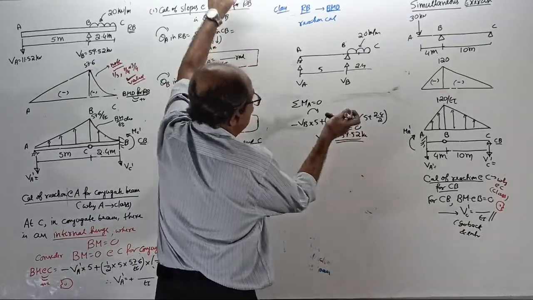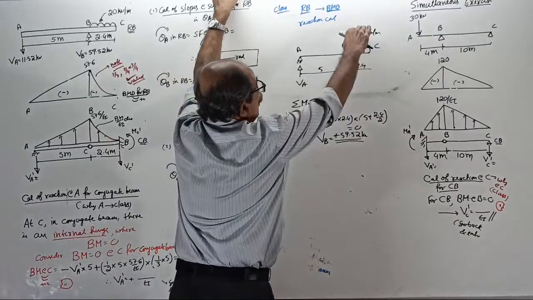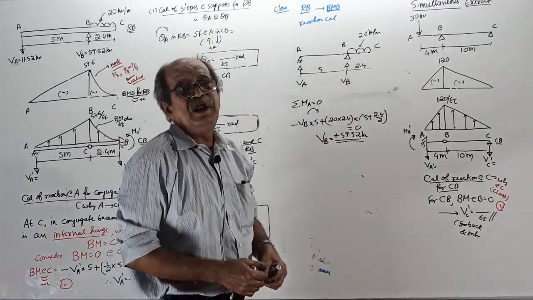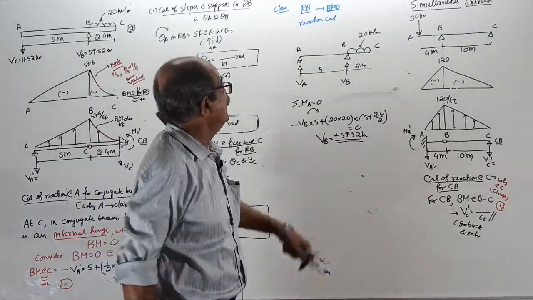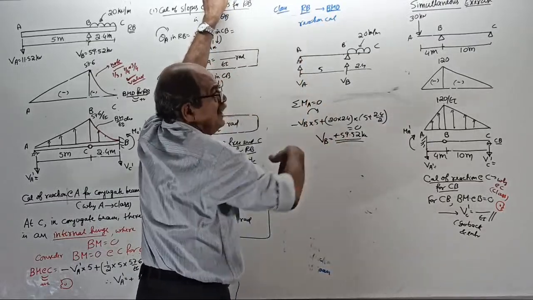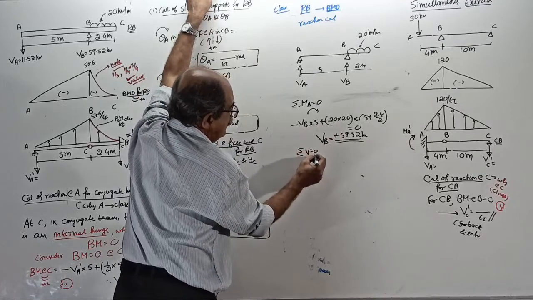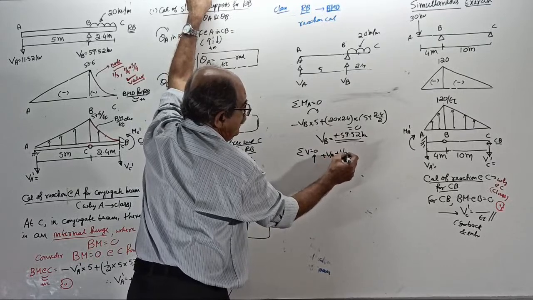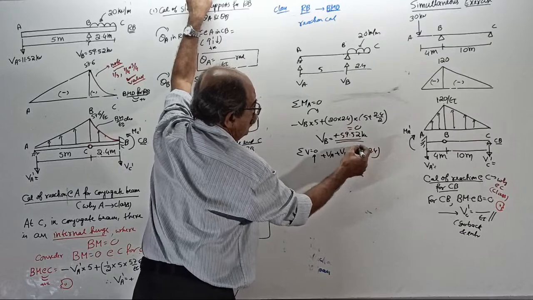Now see, this only will tell you VA is down. Why? See, total load is 20 into 2.4, which is 48 kilonewton. Already reaction came 59. To balance, it has to come down. Anyway, calculate. Sigma V equals 0, take upward positive. Plus VA plus VB minus 20 into 2.4 equals 0.